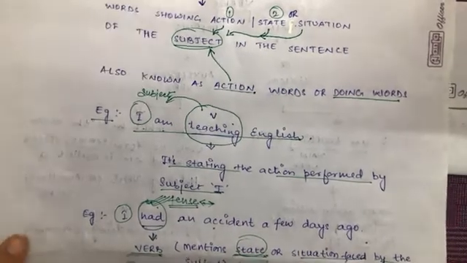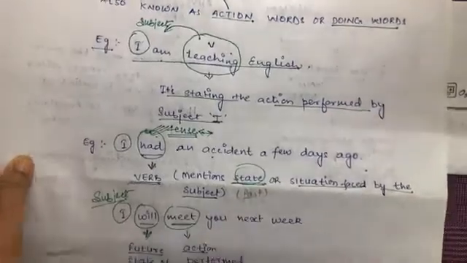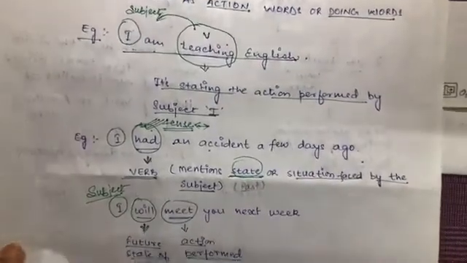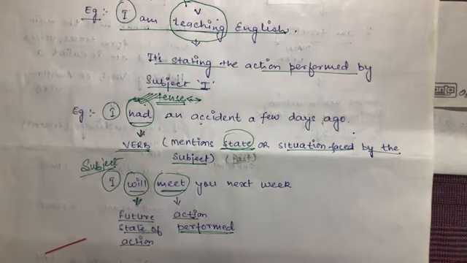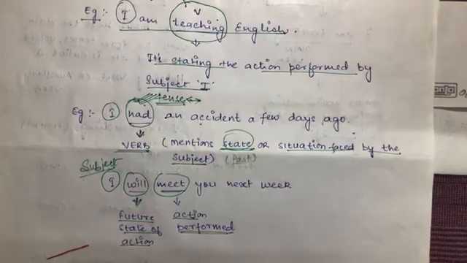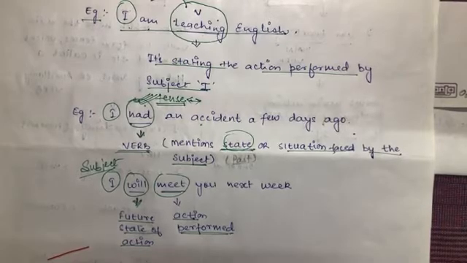Now come to the next verb. So from the above examples, it is clear that a verb denotes the action performed by a subject or the state of the subject.